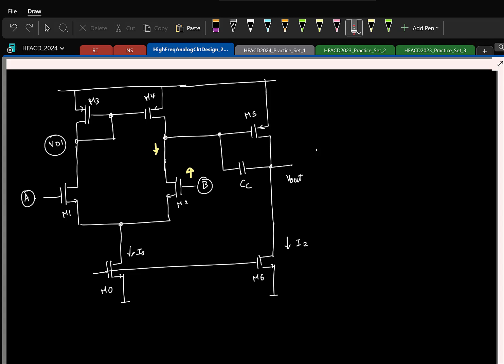You are increasing the gate voltage, so you are pulling out more current from that node. The current here increases. If you pull out more current, that voltage drops. So the gate voltage of M5 reduces. What happens to the output? It increases. If you reduce the gate voltage, you are pushing more current into that node, so the output increases. So B is positive.